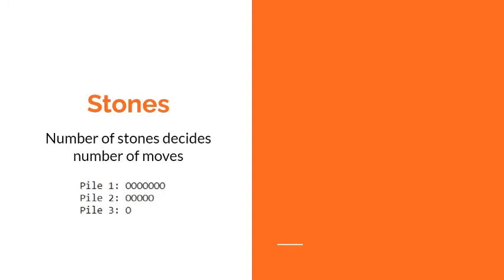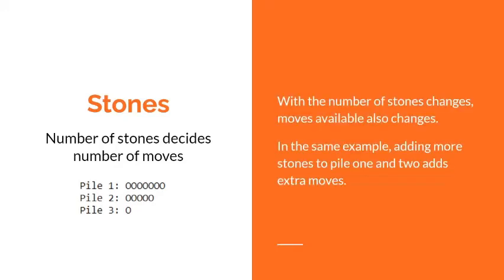And the third factor is the number of stones. This also impacts the number of moves that each player can make. While the number of stones changes, the moves available also change. In this example, adding more stones to pile 1 and pile 2 also adds extra moves for both players.